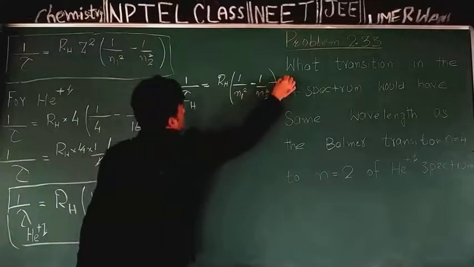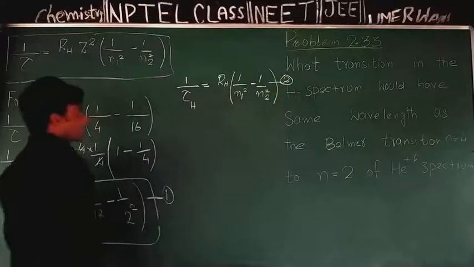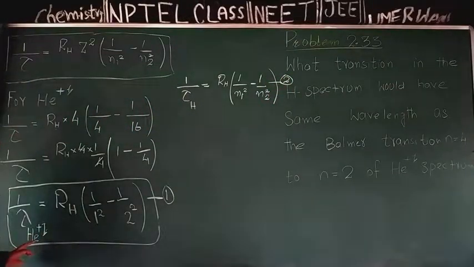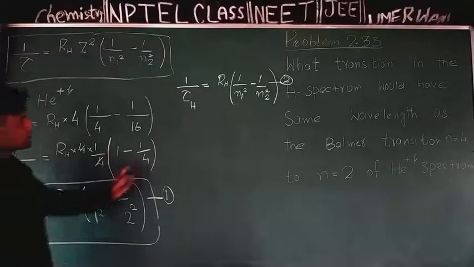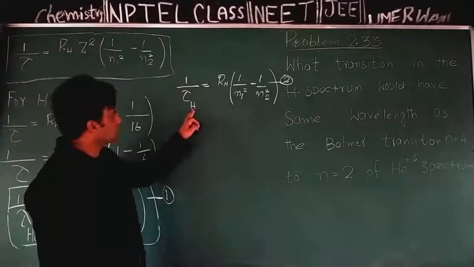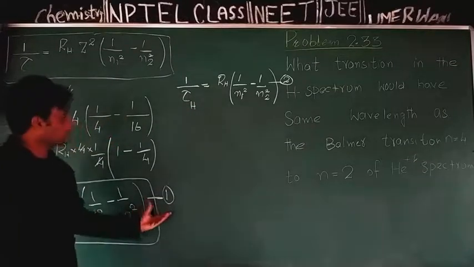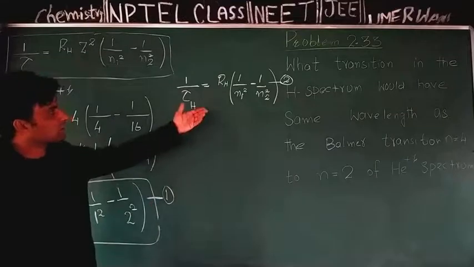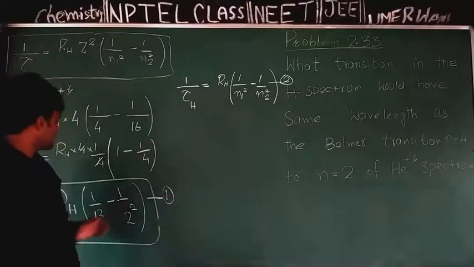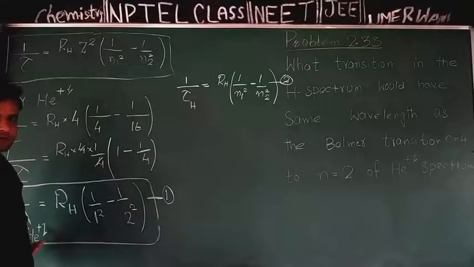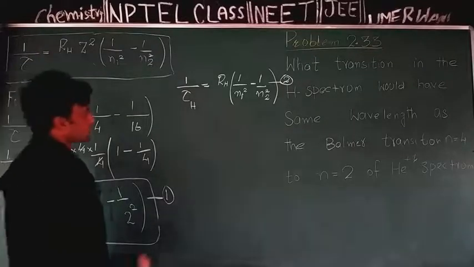To this equation I will label equation second. Equation first gives the wavelength of radiation emitted for the transition in helium ion. Equation second gives the wavelength of radiation emitted for the transition in hydrogen atom. Now I will compare equation first for helium ion with equation second for hydrogen atom. In the question it is said that the wavelength of quantum of radiation emitted in both transitions is equal.